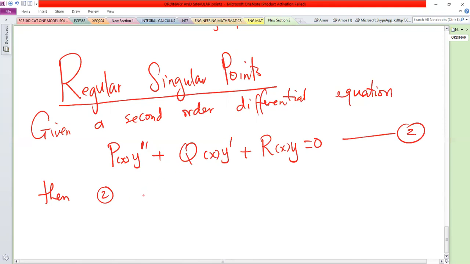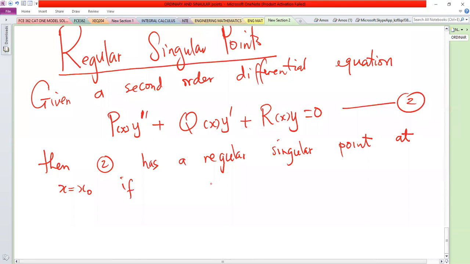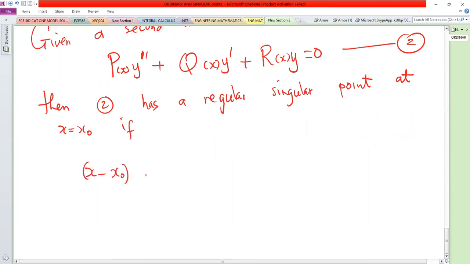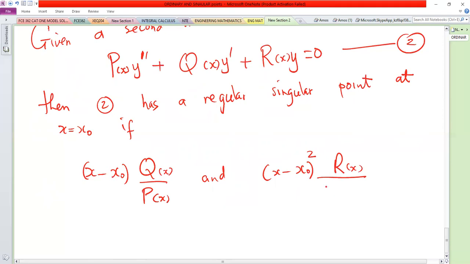Equation 2 has a regular singular point at X equals X naught if X minus X naught multiplied by the ratio capital Q over capital P, and X minus X naught squared times capital R of X divided by P of X, are both analytic at the point X equals X naught.